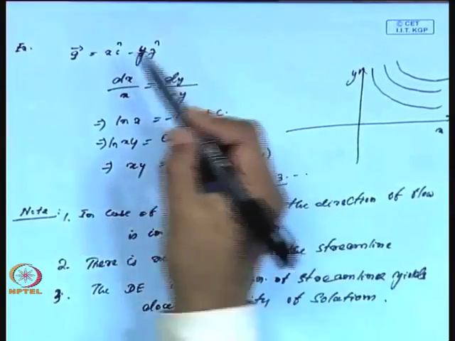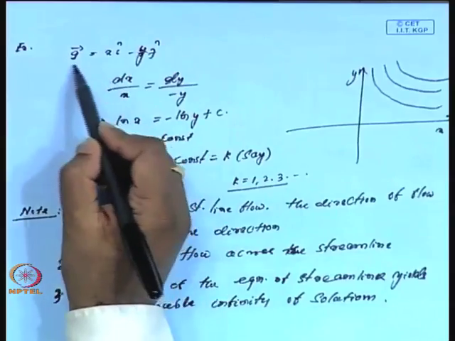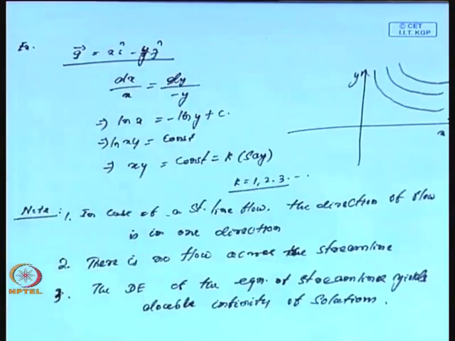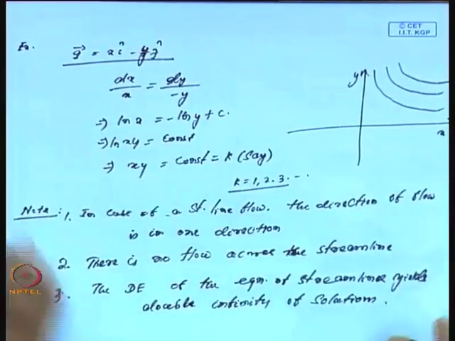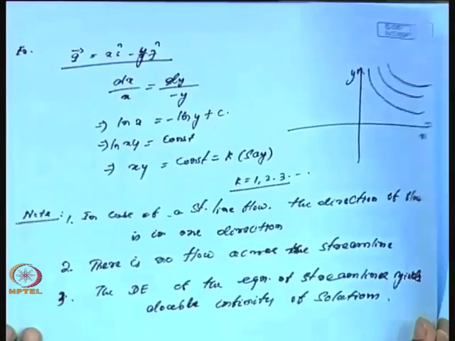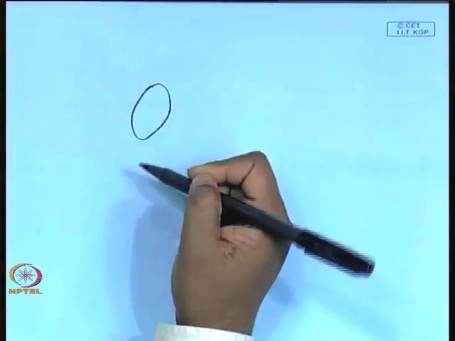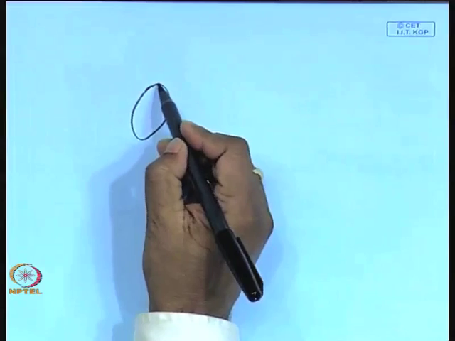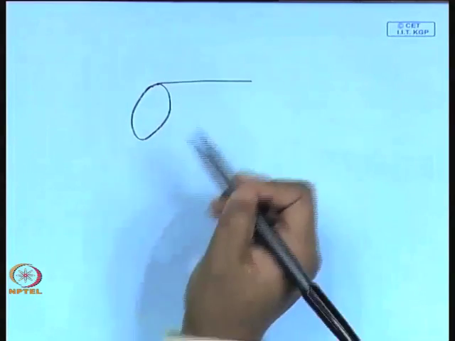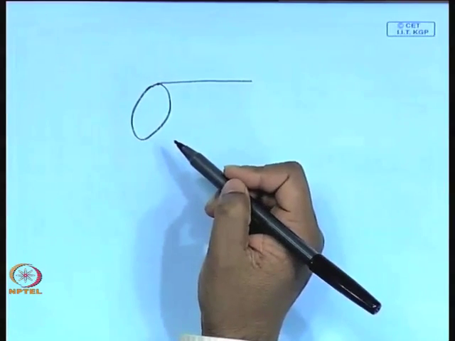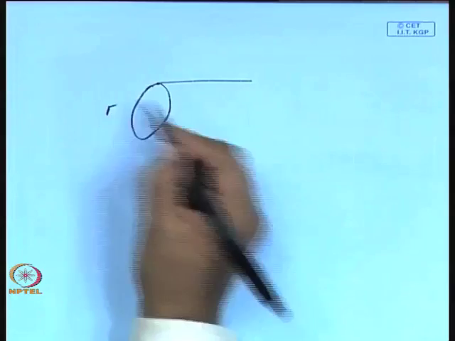And in this case, we have this q bar is x i hat, this is a two dimensional flow. Now, once we know what is a streamline, what will happen, like in case of vortex lines, where we got a vortex tube? What will happen if we take any closed curve inside the fluid, let it be curve gamma?